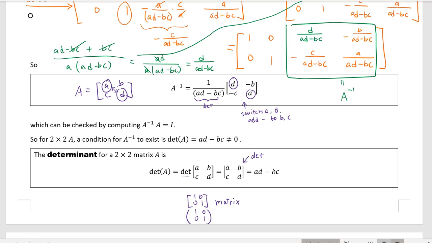Determinant is a number, and a matrix has size m by n, right? And usually for determinants, we must have a square matrix, then we can talk about its inverse and its determinant. But for the notation, absolute value bars on a matrix mean determinant. Okay, and for a 2 by 2 matrix, we use AD minus BC.